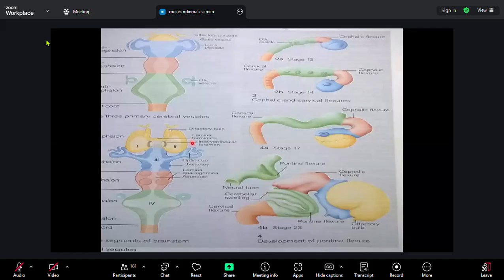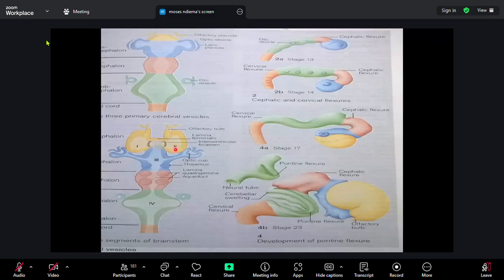In the secondary brain vesicles, we have the telencephalon having two cerebral hemispheres, and the lumen therefore becomes the first and second ventricles. So this we refer to as the lateral ventricles. The lateral ventricles are connected together by the foramen of Monro, the interventricular foramen of Monro.